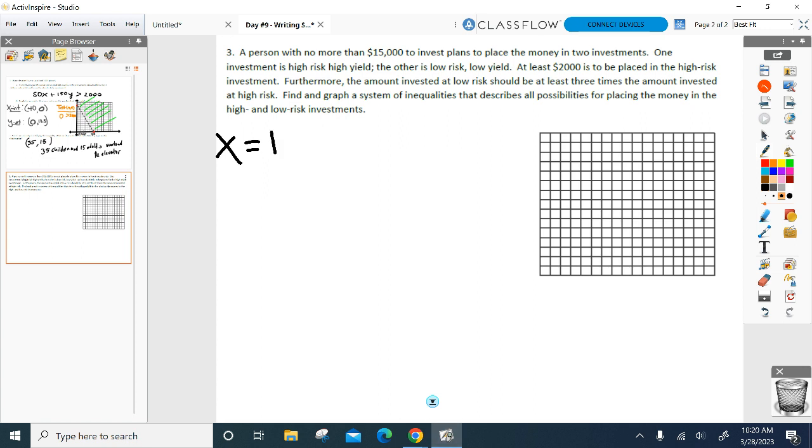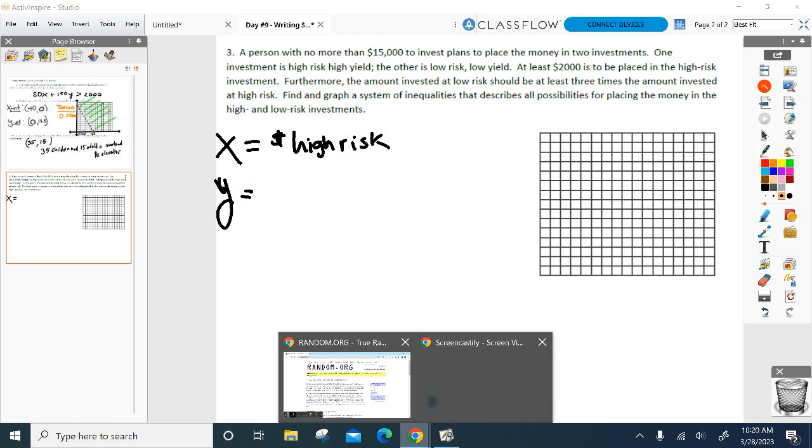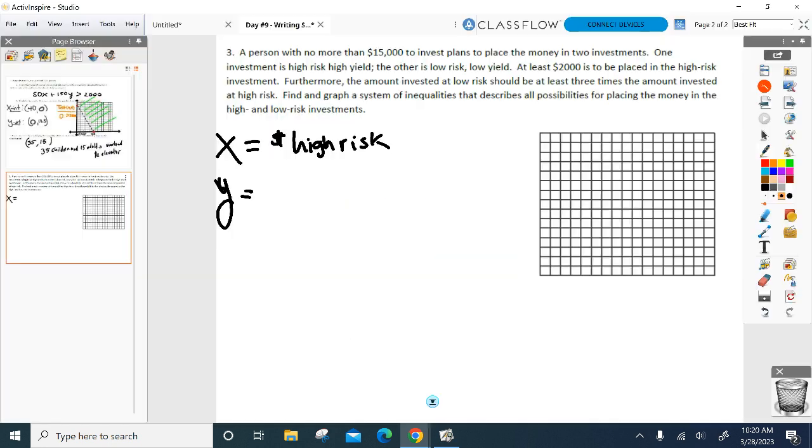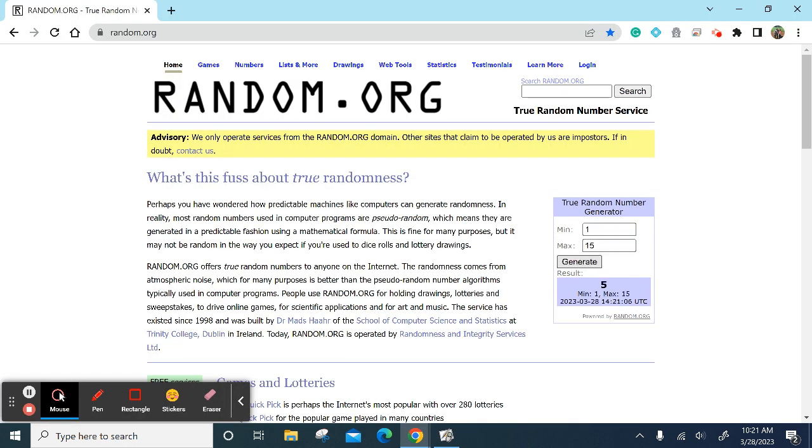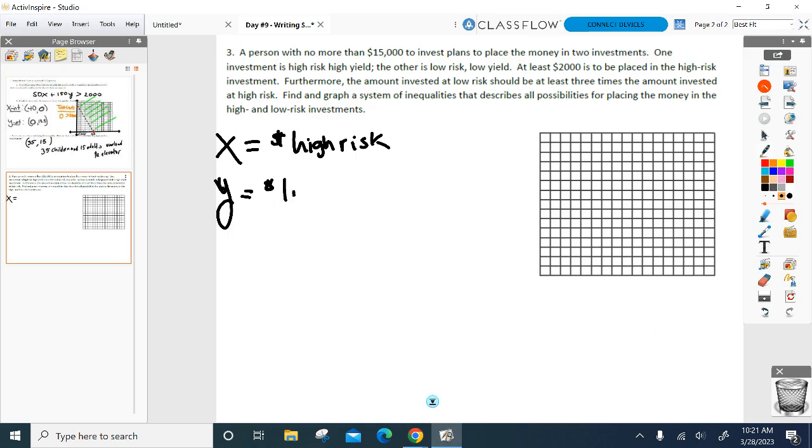So this will be the amount of money in the high risk. So however much we put, that'll be in the high risk. And then we'll put the rest of the money in, we'll call Y. What's the other type I could put it in? Low risk. Thank you, Tim. Low risk.